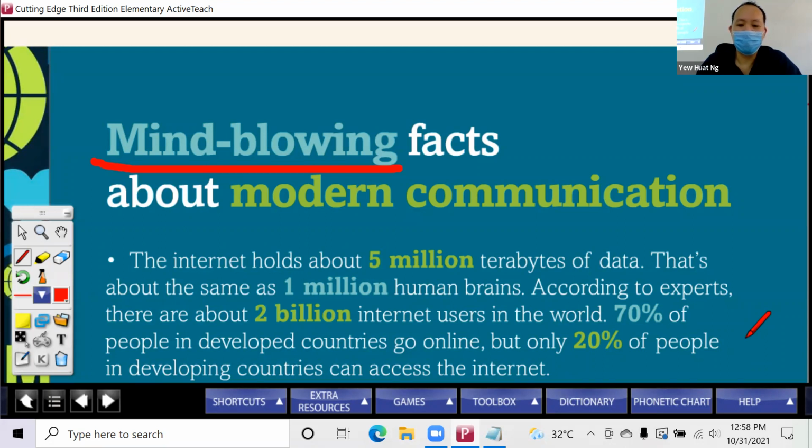Let me check my WhatsApp. Let me try and show you. Like this. Mind-blowing. This is on WhatsApp.